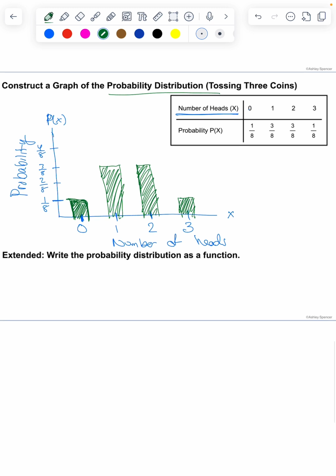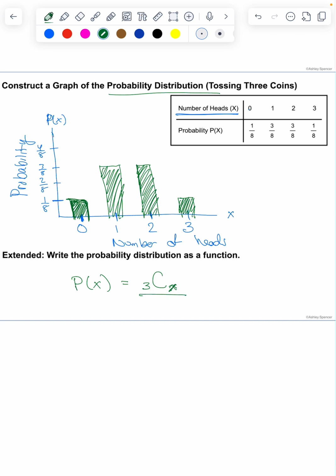Now, writing the probability distribution as a function, we're going to leave that for the next section, but I'm going to write it down right now just so that you can see where we are going with this. So we've got 3 coins combination because order does not matter. And X is going to be representing the 0, 1, 2, 3.